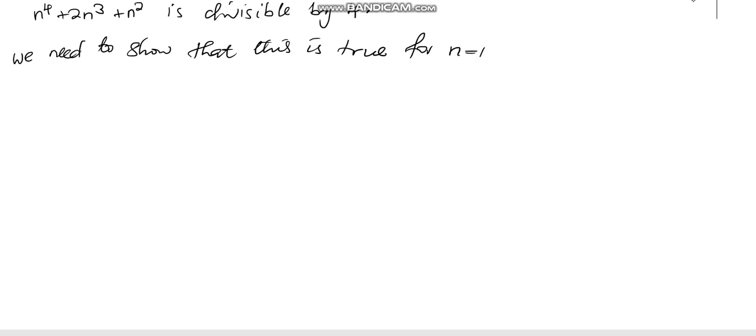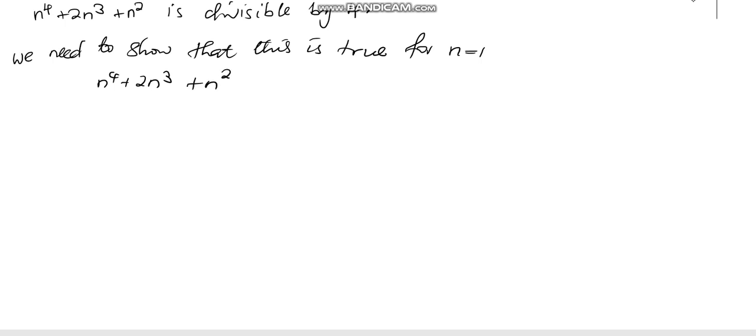So now, step number 1, we need to show that this is true for n equal to 1 here. So we get the expression n to the power 4 plus 2n to the power 3 plus n to the power 2.